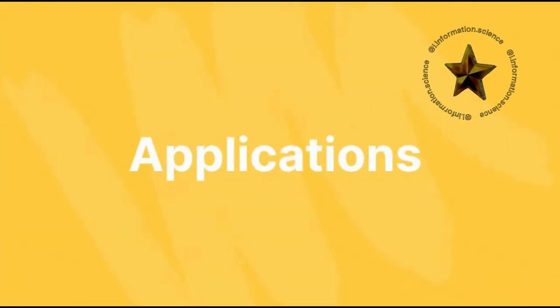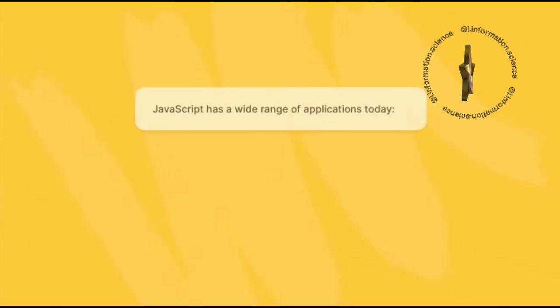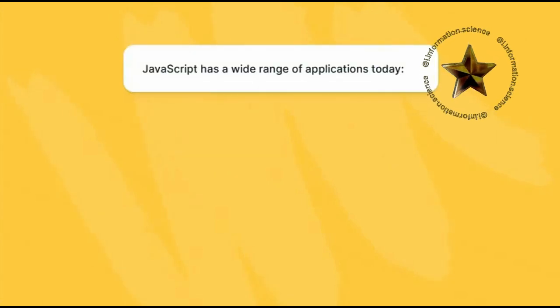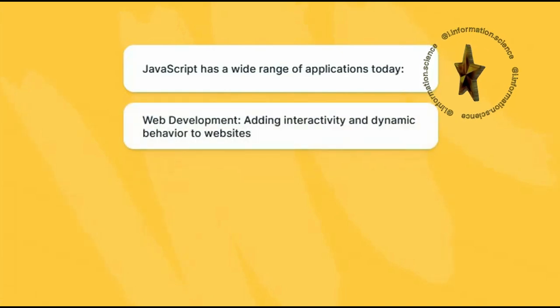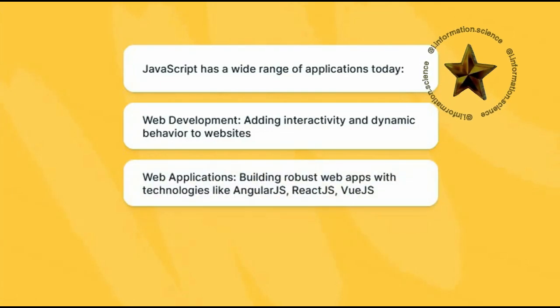Applications. JavaScript has a wide range of applications today. Web development, adding interactivity and dynamic behavior to websites. Web applications, building robust web apps with technologies like AngularJS, React.js, Vue.js.